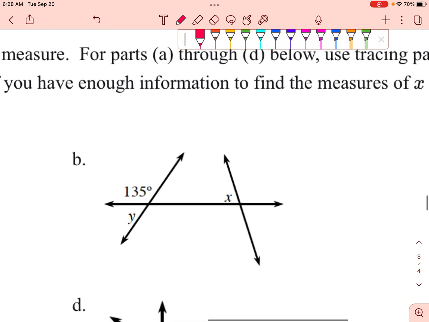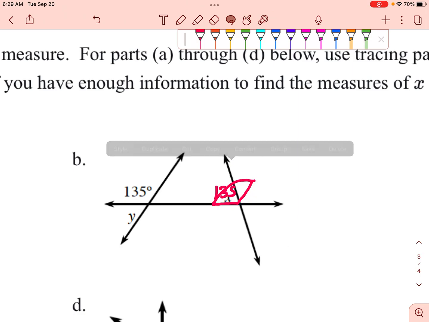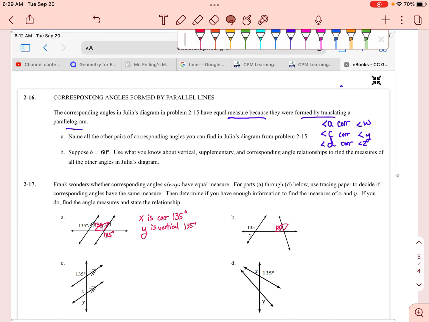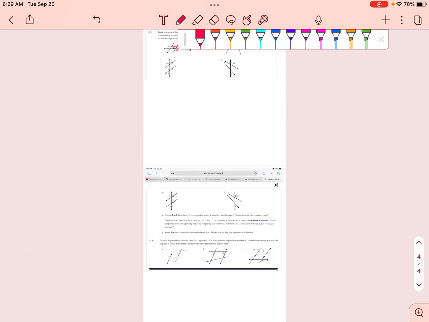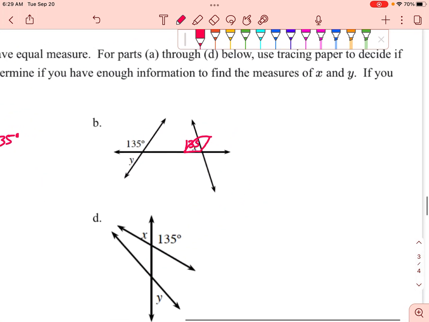For B, if I trace this, again, 135 degrees, and I slide it over, that does not fit. Okay, so I don't know how big X is, which is weird. I don't know, guys, I'm getting really annoyed.